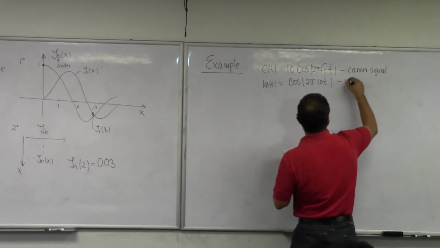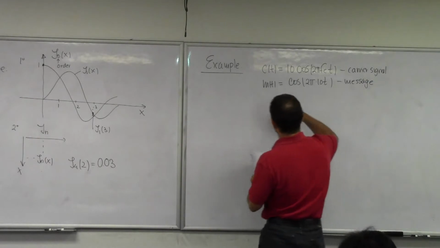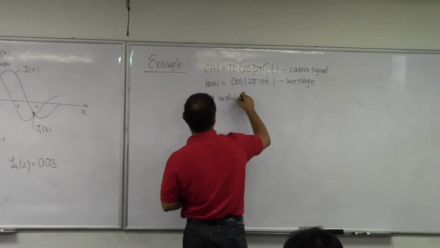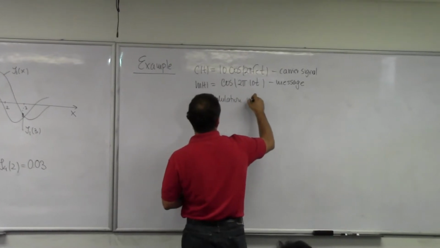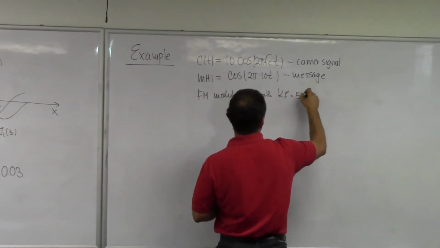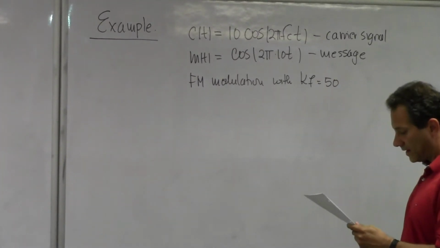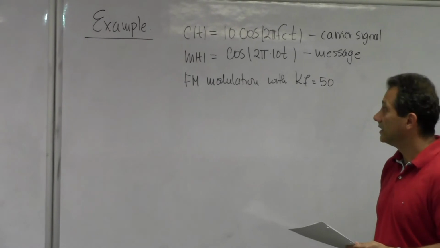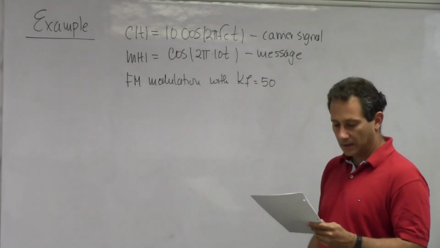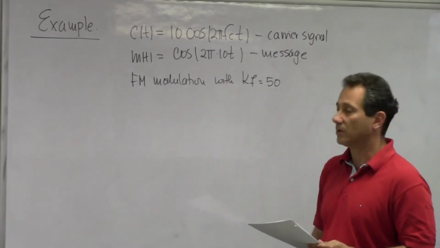So this is the message. And then we have FM modulation with kf equal to 50. Okay? And it says here, find the spectrum of the modulated signal. That's going to be the first one. And the second one is determine the bandwidth that contains 99% of the power.